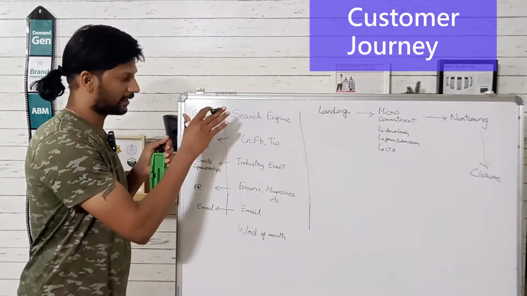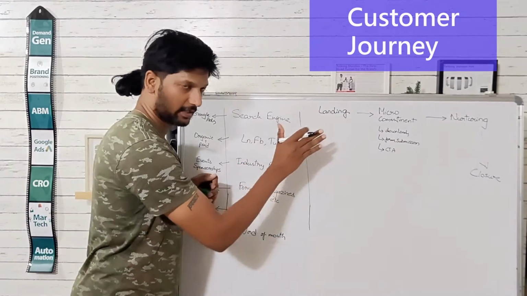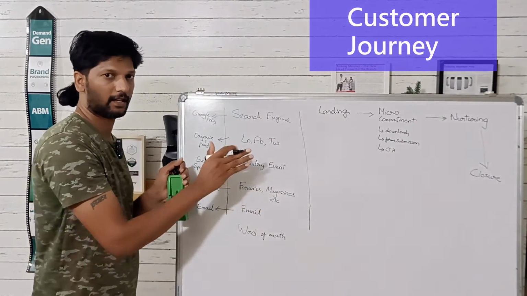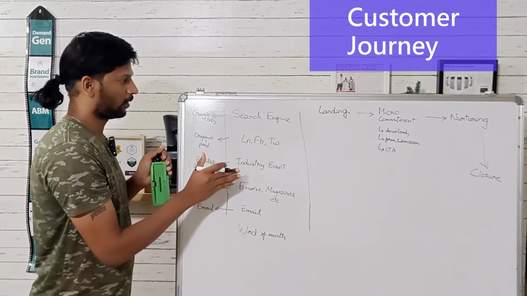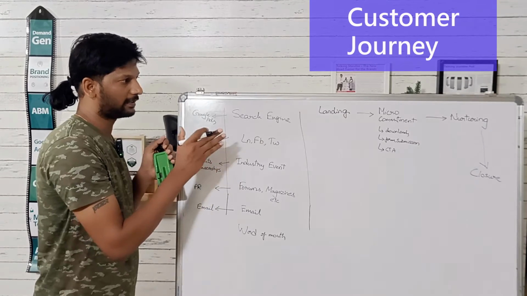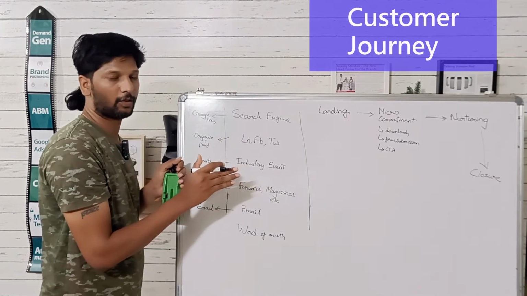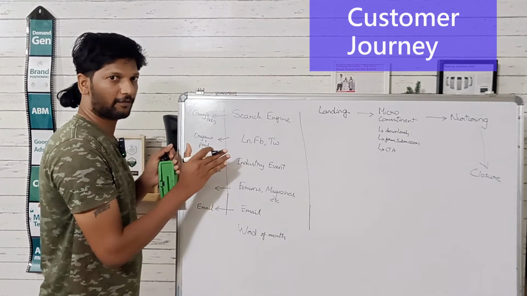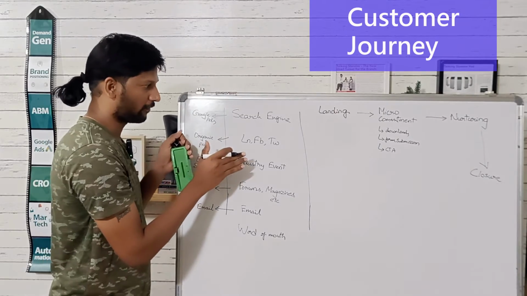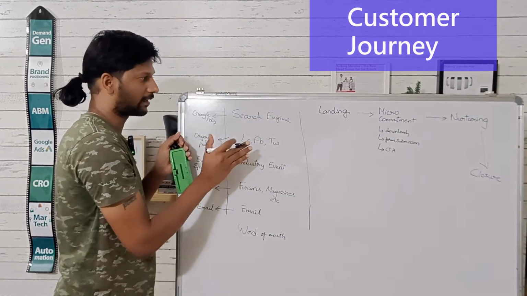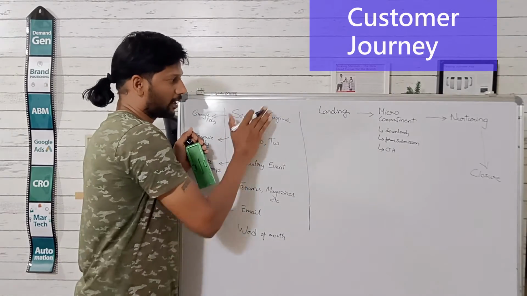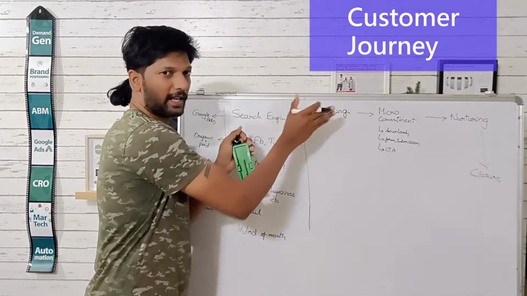Now, having said that, this is a journey. Let's oversimplify and say this is a customer journey. So how do you build this funnel in such a way that, from stage to stage, you make sure that, to the best extent you are able, you bring them to the next stage?